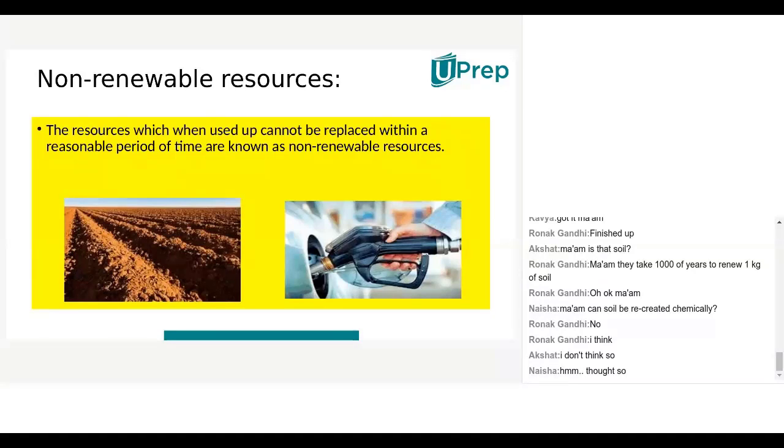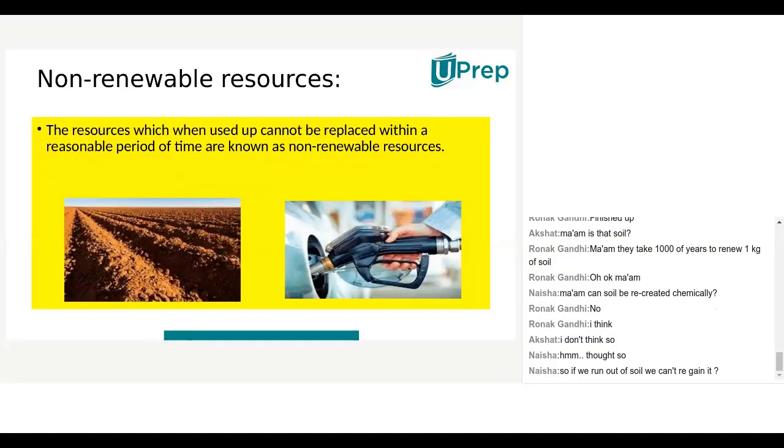Chemically we can't. To enhance the quality of the soil, we add manures and some fertilizers to increase the quality and strength of the soil. But naturally, chemicals cannot replace it. Yes, definitely.